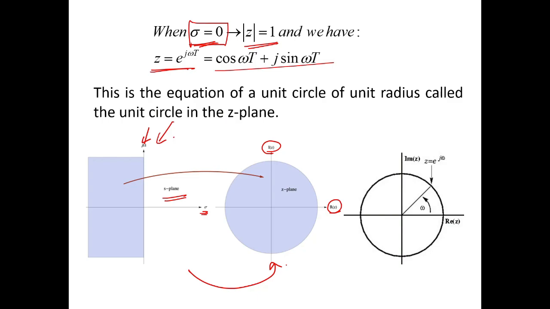So when sigma is 0, we get a value of 1, and we know that it is the equation of a unit circle. A unit circle means a circle having a radius of 1.